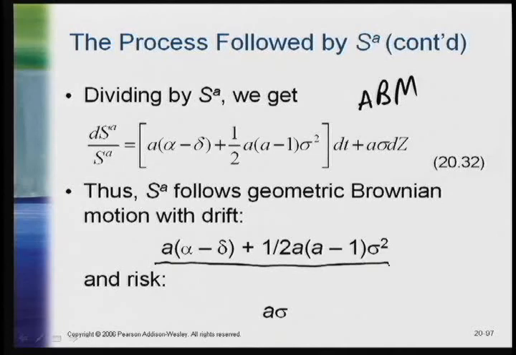Remember, the drift term of geometric Brownian motion was just the alpha minus delta, and the risk term is a sigma. So the exponent of S manifests itself as a multiplier in the risk term, and it manifests itself in a somewhat more complicated way as a multiplier of the original drift term plus an additional drift term.